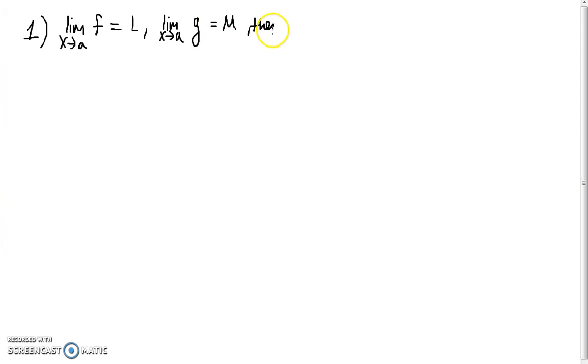Okay, so first of all, if the limit of a function at a point A, let's say of f, and we'll write f instead of f of x, is equal to some value L, and also the limit as x approaches A of another function g is equal to m, then the limit as x approaches A of the sum or difference of these functions is equal to the sum or difference of the limits, respectively.